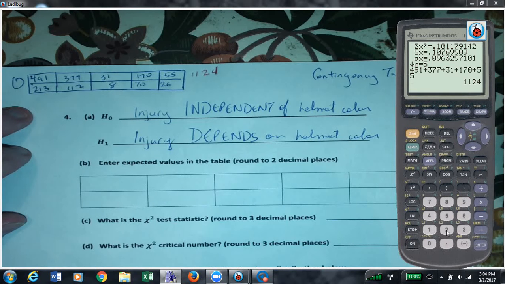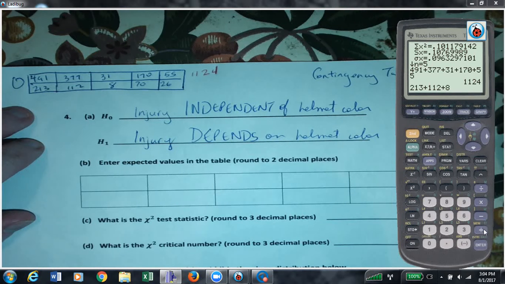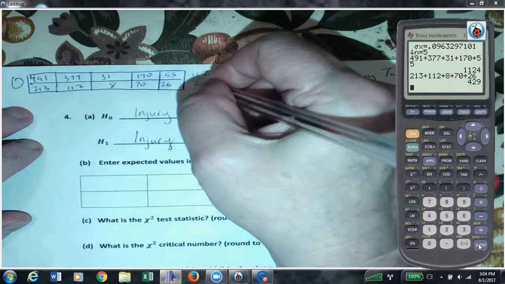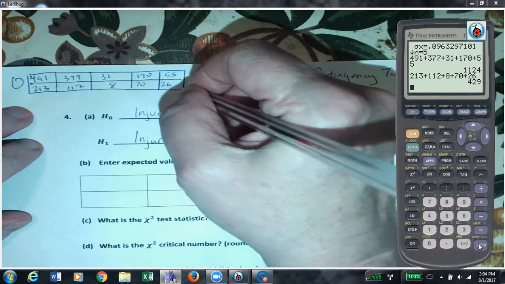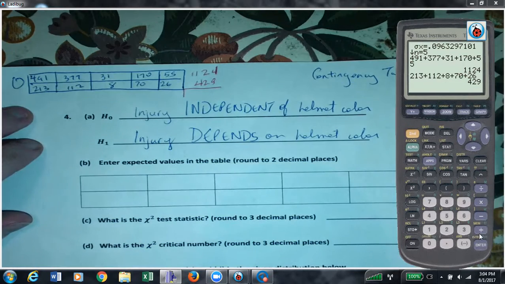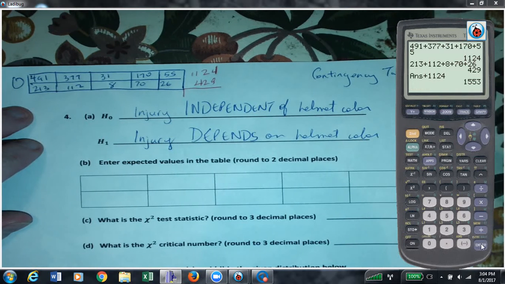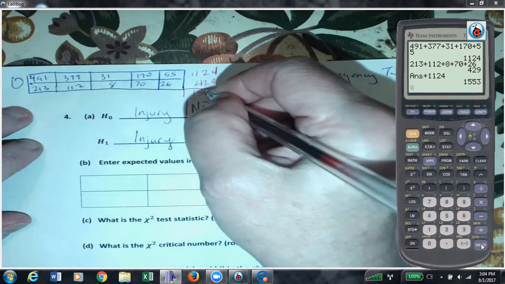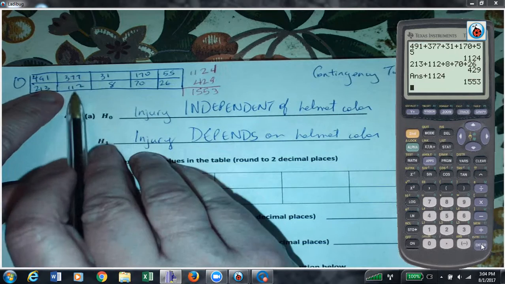My row 2 total is going to be 213 plus 112 plus 8 plus 70 plus 26. So my row 2 total is 429. And so what's my grand total? 429 plus 1124, which is 1553.